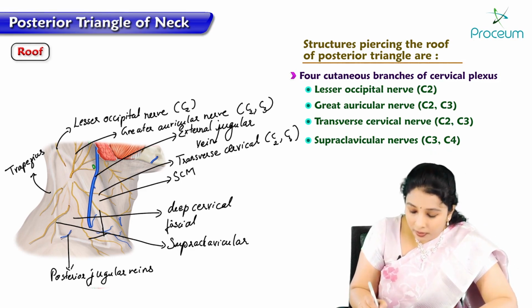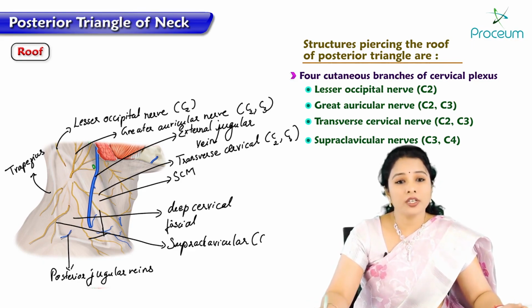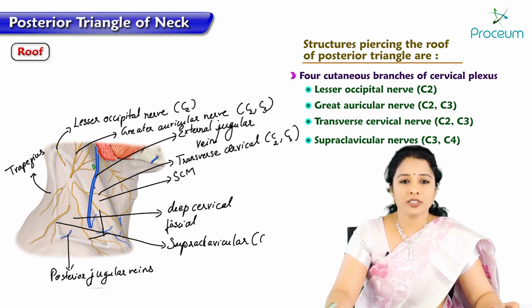Supraclavicular nerves bear the root value as C3, C4. So these are the cutaneous nerves which pierce the roof of the posterior triangle.